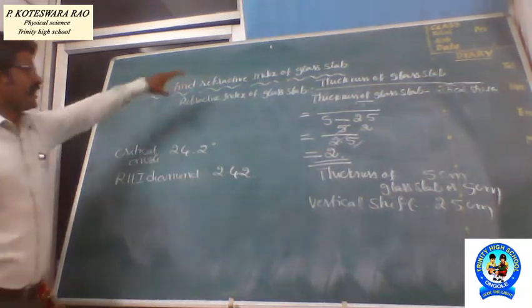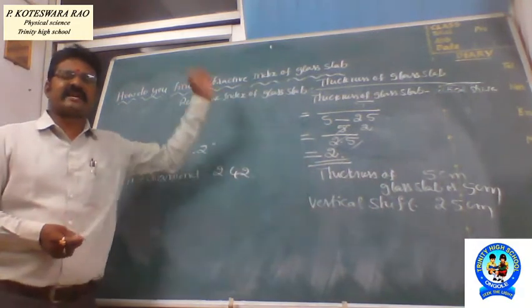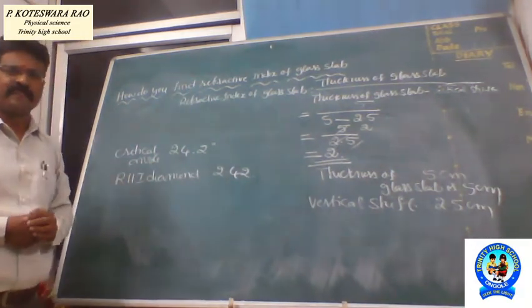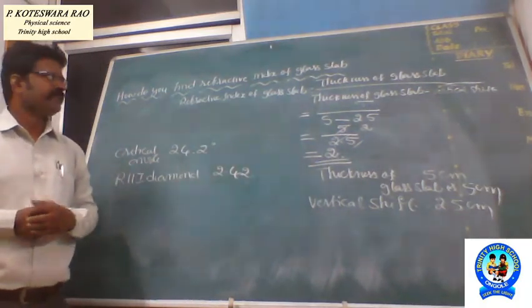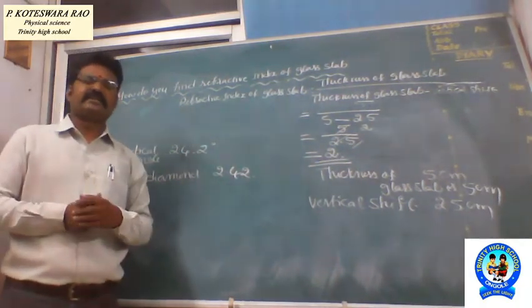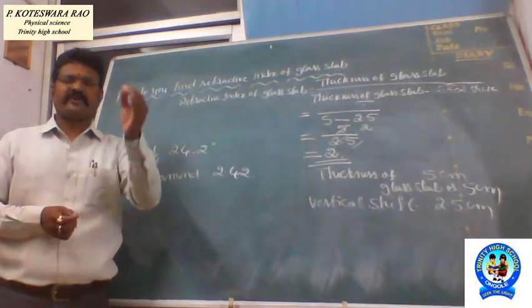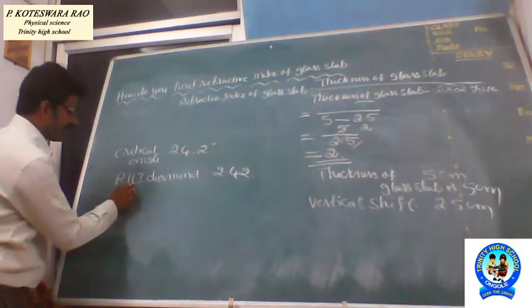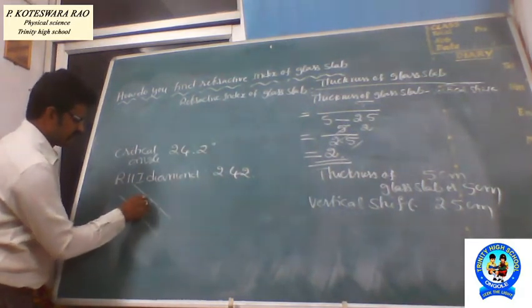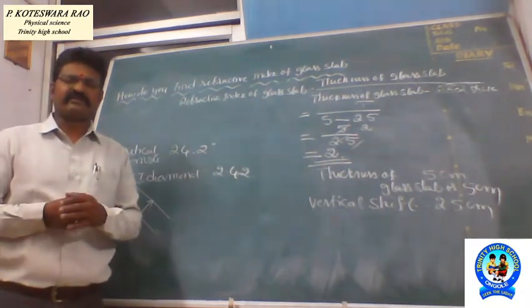Then how many times is a glass slab refracted when a light ray travels? 2 times. Then what is the formula for the refractive index of the glass slab? Thickness of glass slab by thickness of glass slab minus vertical shift. What is the definition of lateral shift? The distance between two parallel lines is called lateral shift.